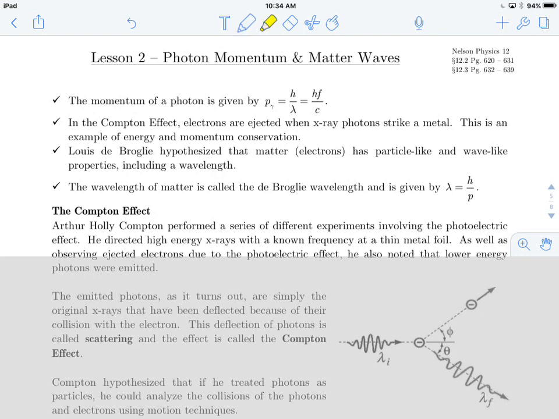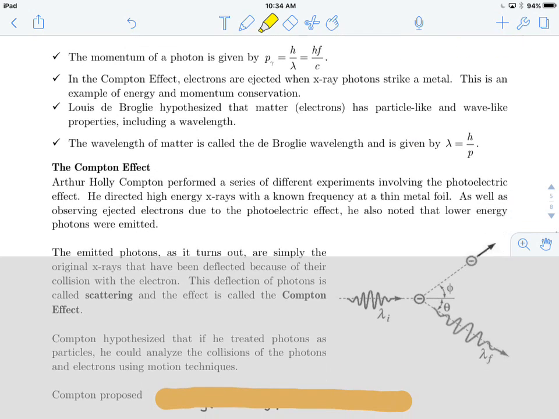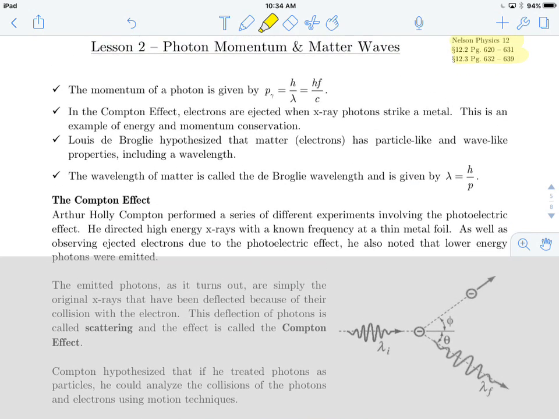So in your textbook, these are the page references, and I would say, at the end of this lesson, these are the essential learnings, or really the learning goals that we want to get out. We want to recognize that the momentum of a photon is given by p = h/λ, or hf/c, and we're going to show why.